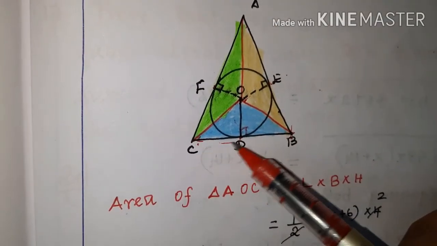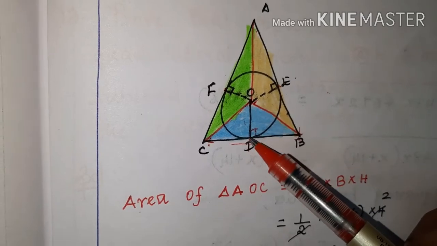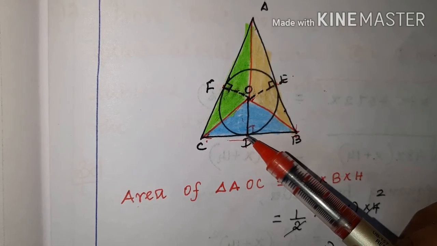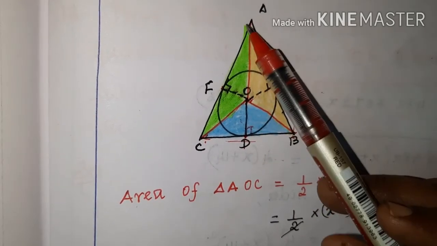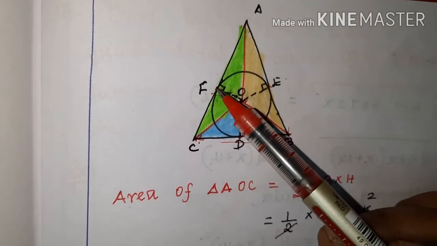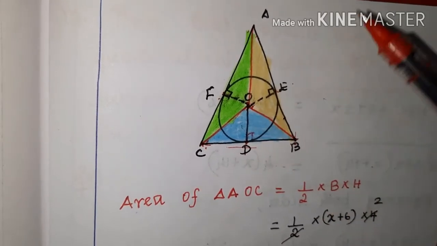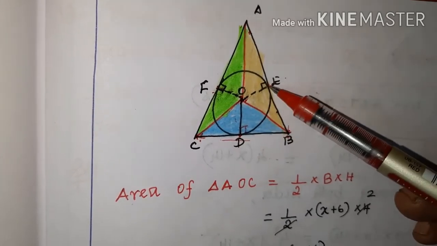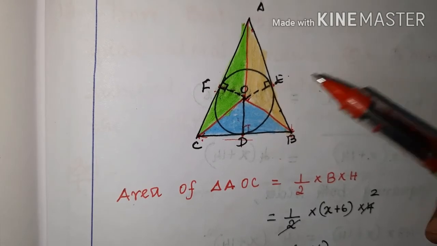So our base will be this, and your height will be the line perpendicular to the base. So this OD will act as the height. Likewise for this triangle, your base will be AC and the perpendicular line to the base is OF, that will be the height. Same way for this triangle, AB will be the base and the line perpendicular to the base, that is OE, will be the height.